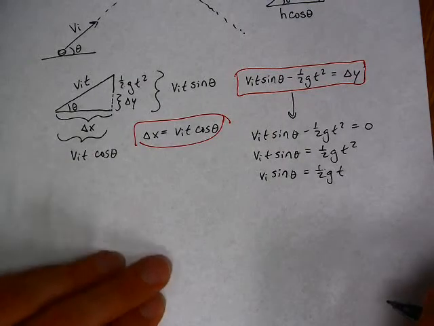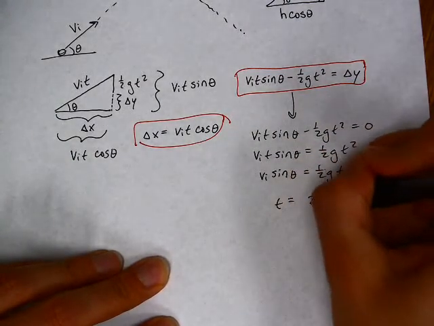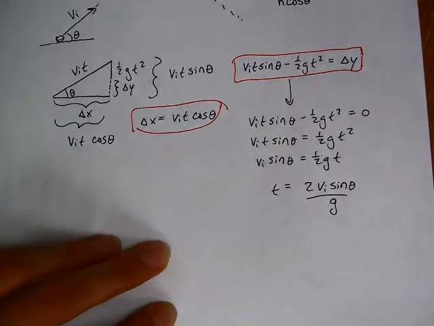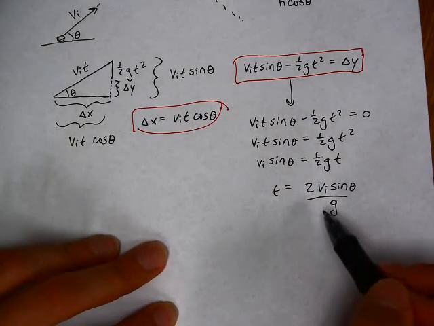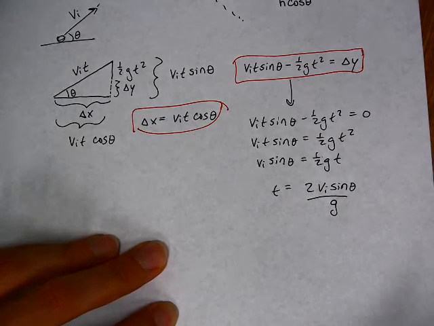And now solving for t, the time it takes to land, t is 2 VI sine theta over g. This is the time it takes for a projectile to land when it lands at the same height from which it started. Important equation here.